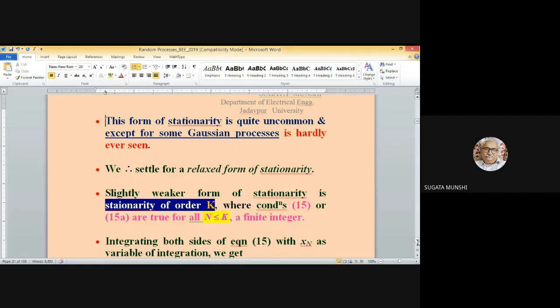A slightly weaker form of stationarity is stationarity of order k, where k is a finite integer. We say that a random process has stationarity of order k when the conditions 15 or 15a are true for all values of capital N less than or equal to k.